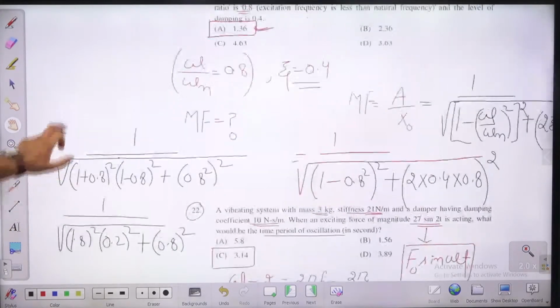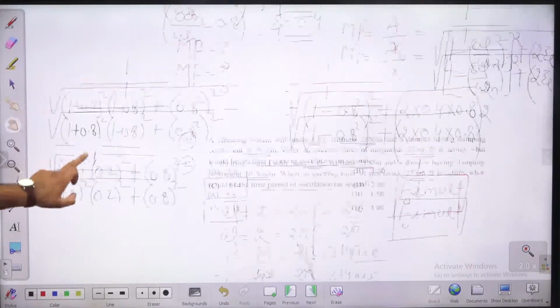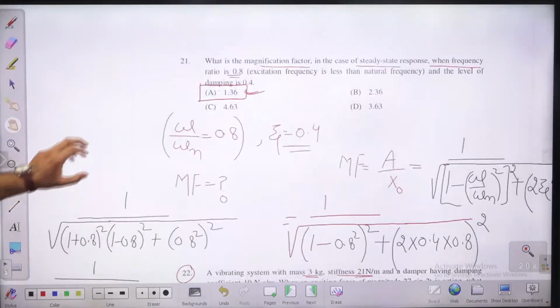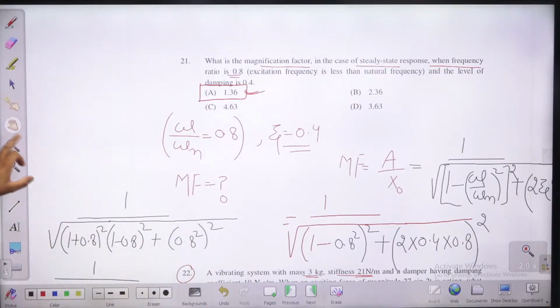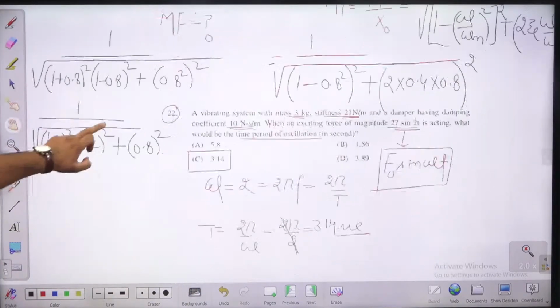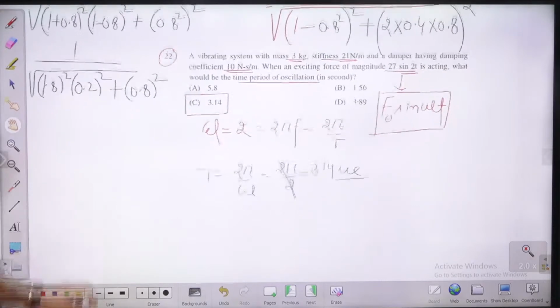So you will be able to reduce, and then accordingly you need to check, but definitely you will be able to conclude some answer, because there is a specific gap. Please try with that. So for this question 22, C is the answer.